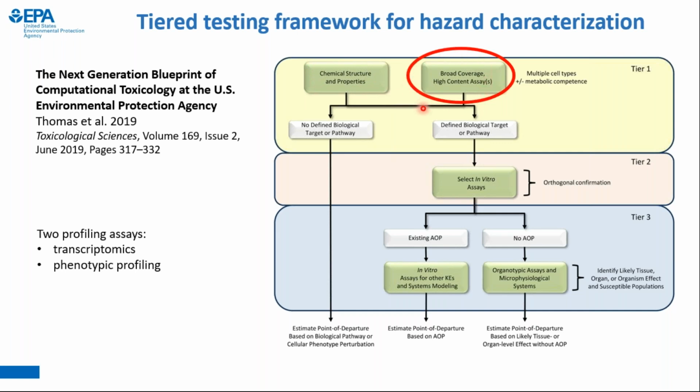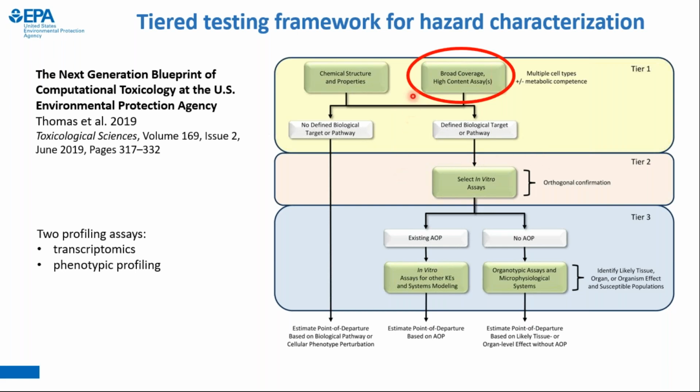And depending on the result, if we do see activity in no defined biological target, we can go this route, or if we get indication that particular targets are hit, we would follow up with selected in vitro assays, like lower tier assays.